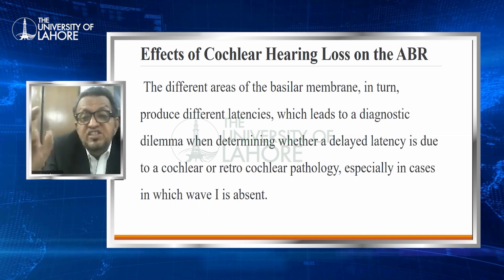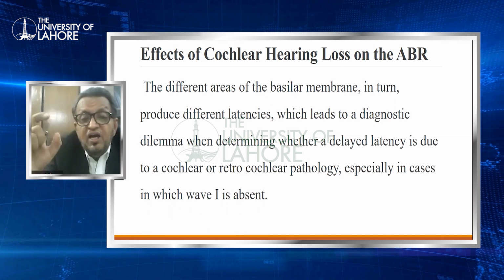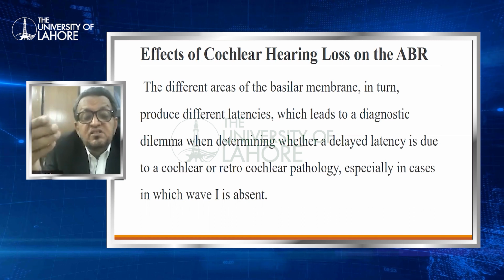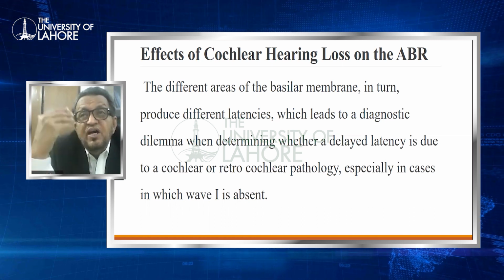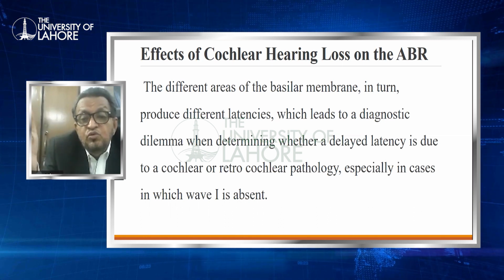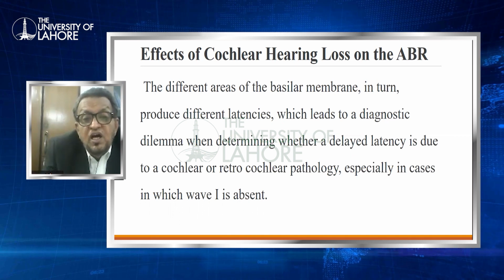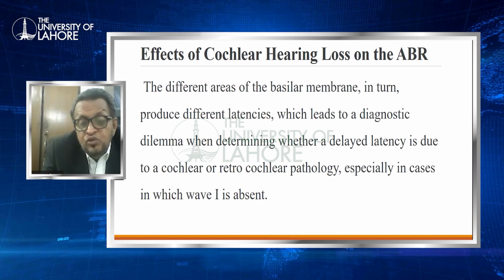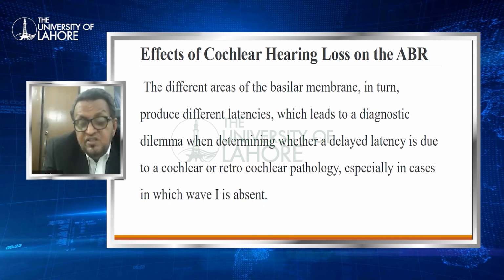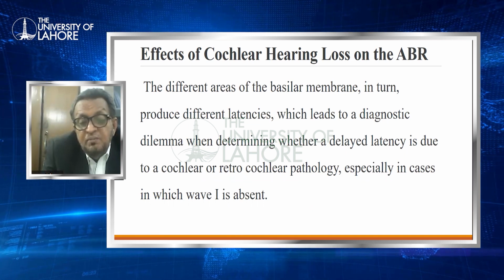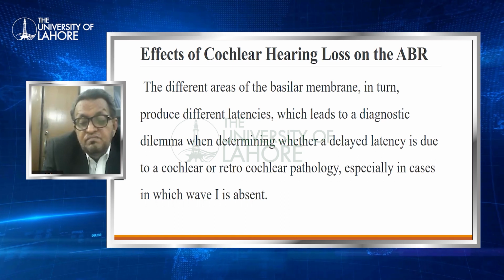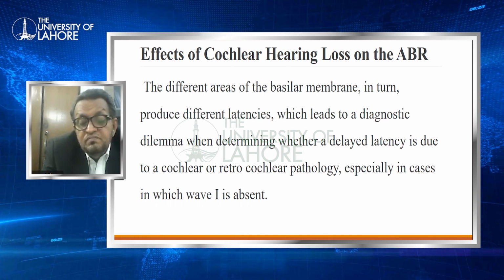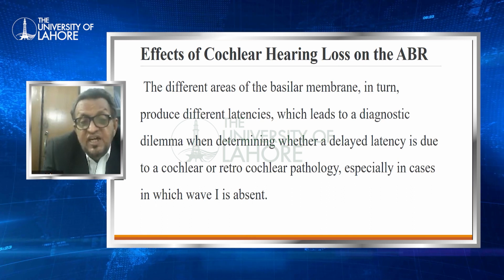Where wave 1 is absent and you're just dependent on wave 5, then at certain times this dilemma is there, and then you have to resolve it by doing some other objective tests, so that you can get a better understanding of the hearing loss.